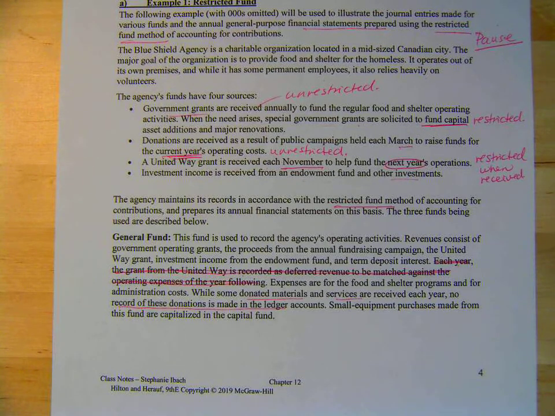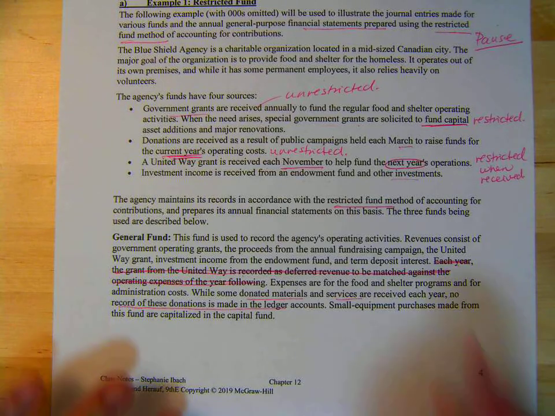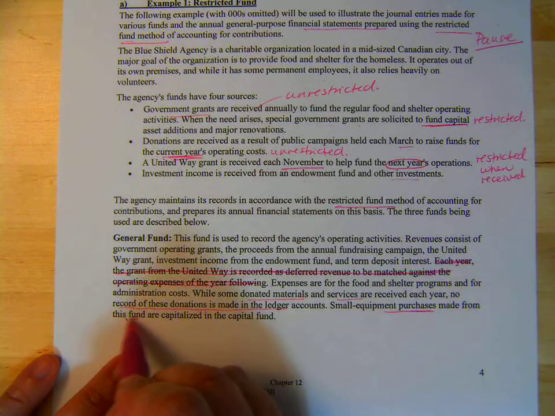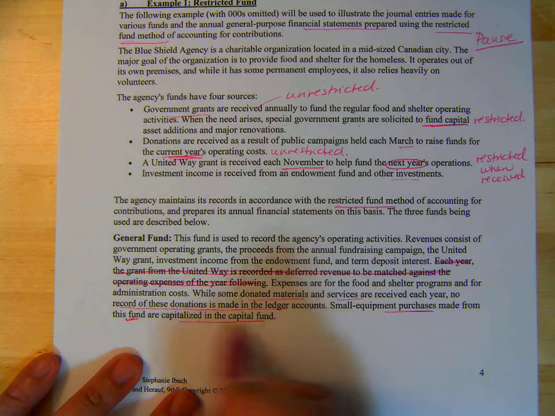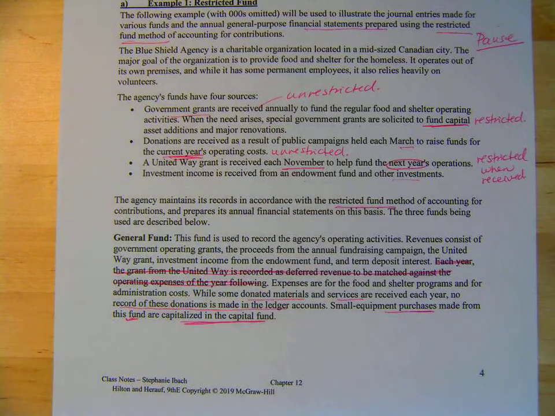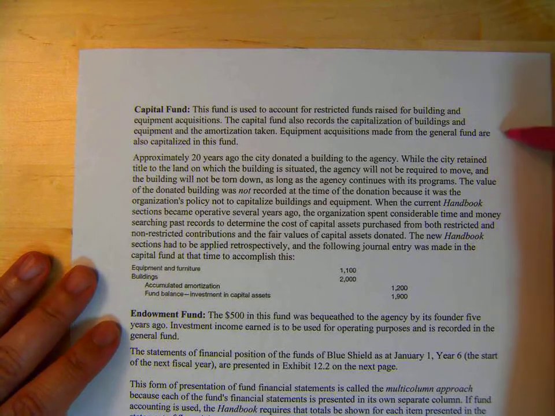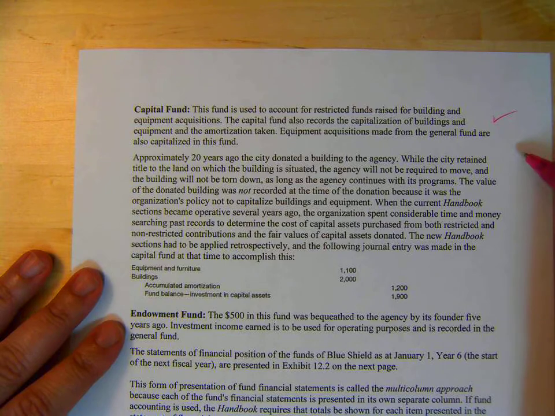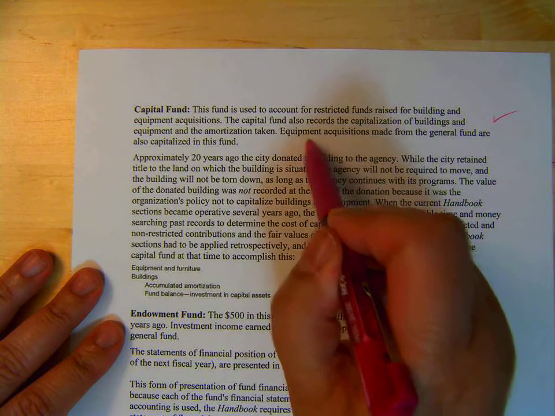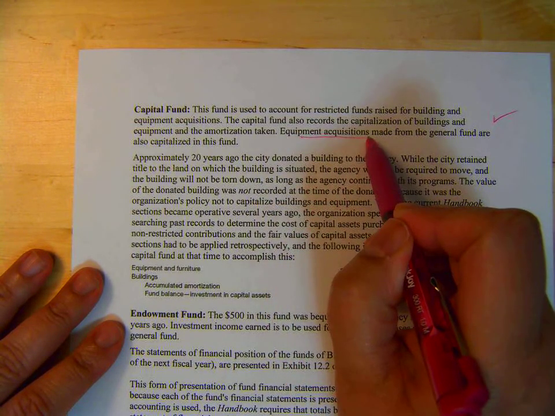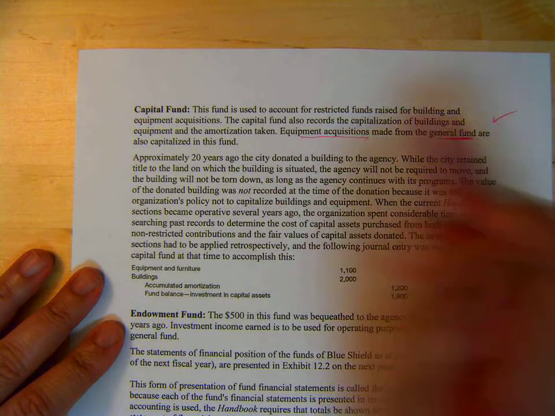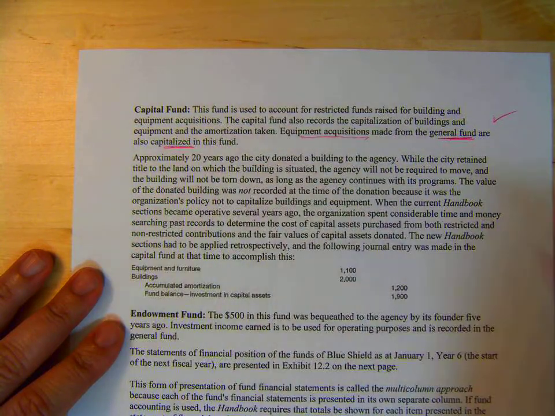Another section: small equipment purchases made from this fund are capitalized in the capital fund. On page 5, and you read it already, so we're good there. Don't forget, if you make any equipment acquisitions from the general fund, it has to be capitalized in that fund.